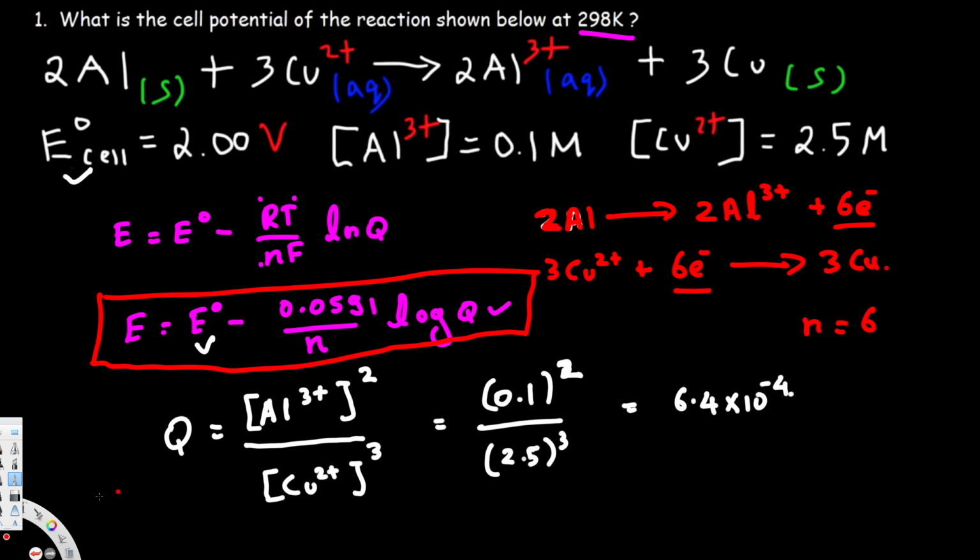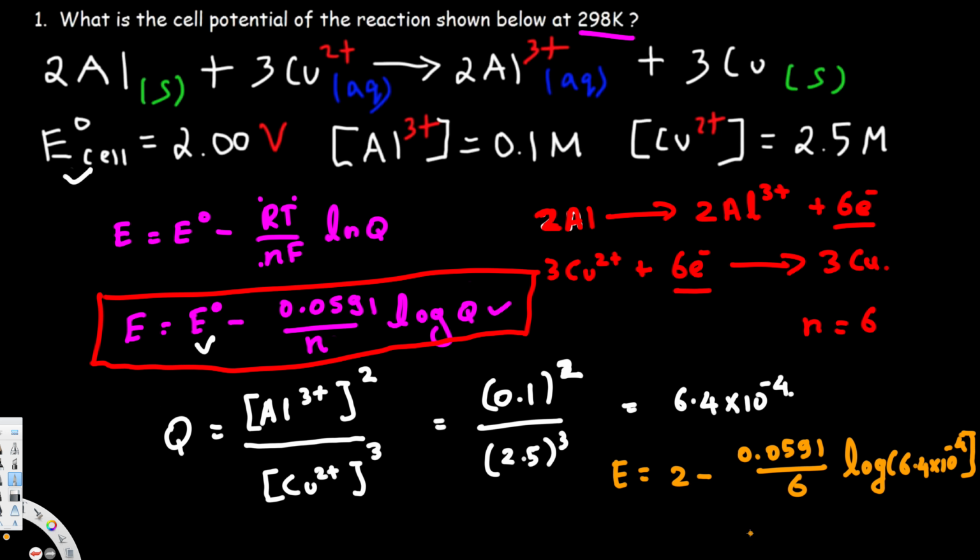Now let's plug in everything. First we are going to have E, that is equivalent to E naught, that is 2 volts. So this is going to be 2 minus 0.0591 over the number of electrons, that is 6, and then we have log of the Q value that we found out, that is 6.4 times 10 to the power of -4.